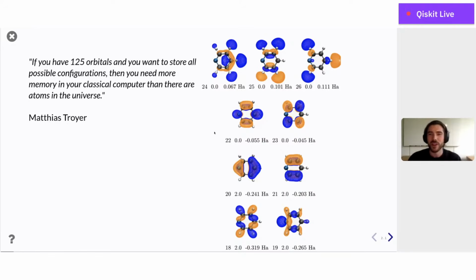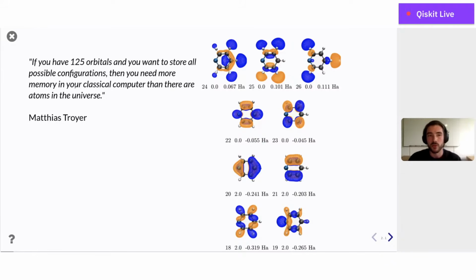And pyridine is a small molecule. It only has 11 atoms. What we are interested in are metal complexes or proteins, which easily have hundreds to thousands of atoms and even considerably more orbitals. That just shows you how important it is that we can simulate such systems using a quantum computer.